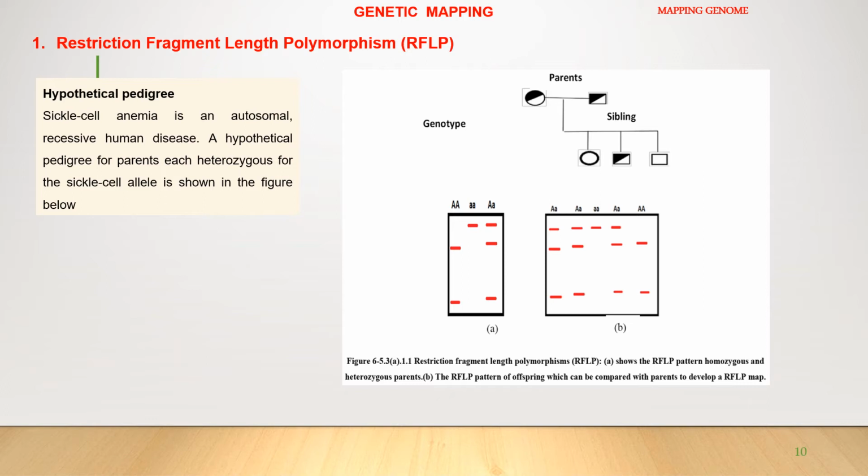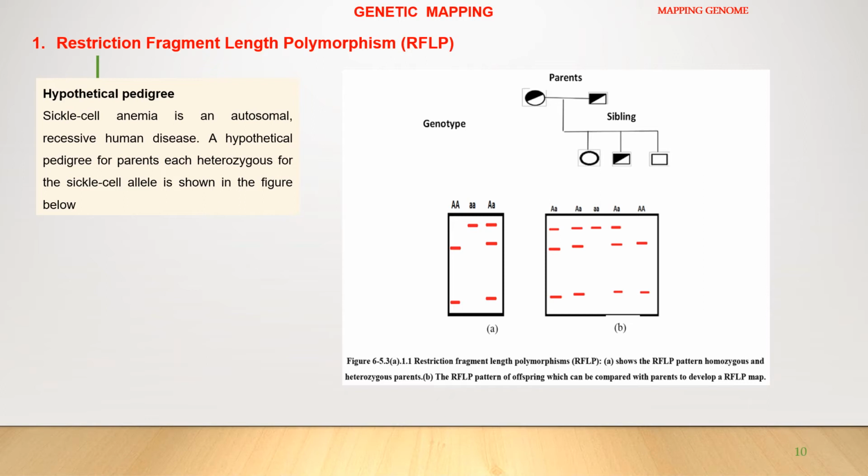Homozygous dominant have a restriction site for the particular enzyme at one position. Hence, on cleavage, it gives two bands. The recessive genotype does not have a restriction site for the enzyme. Hence, it gives only one band.